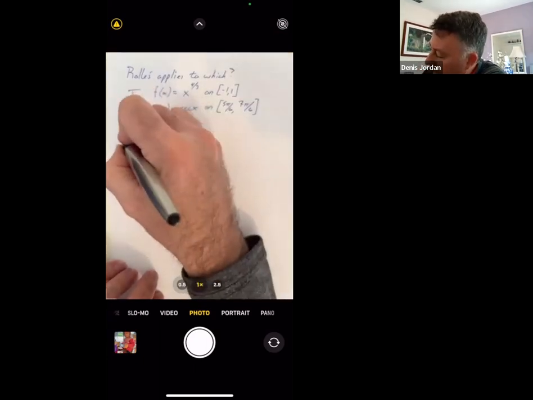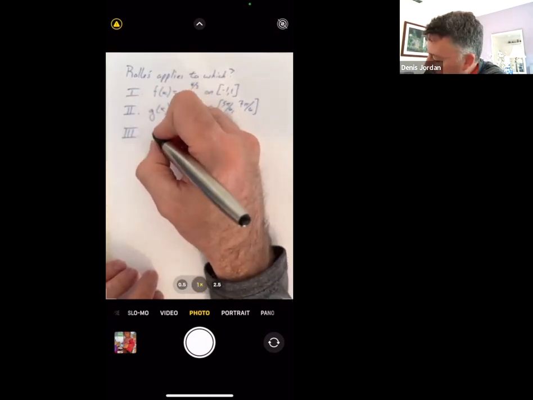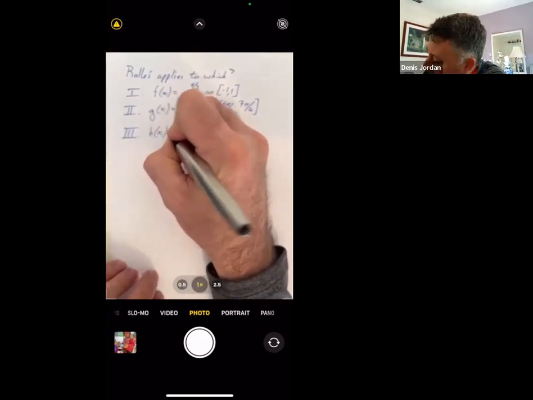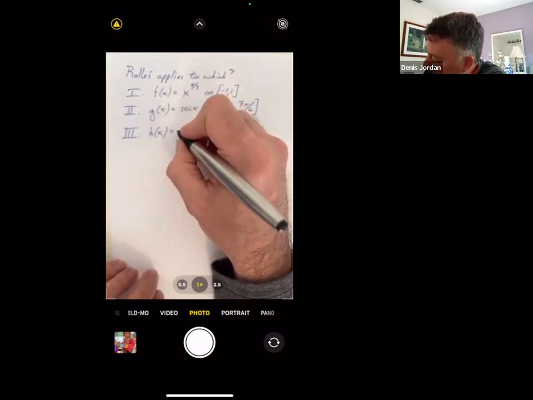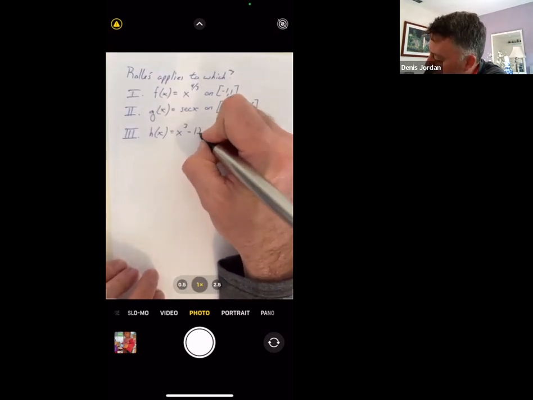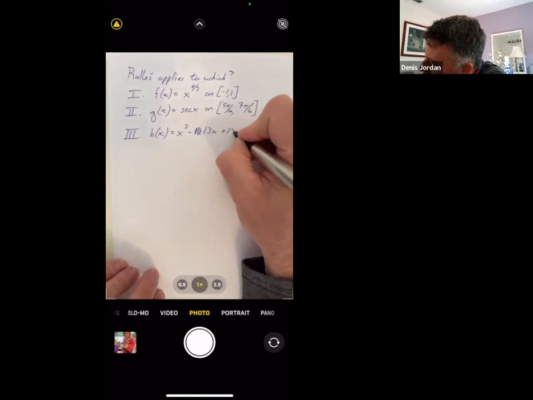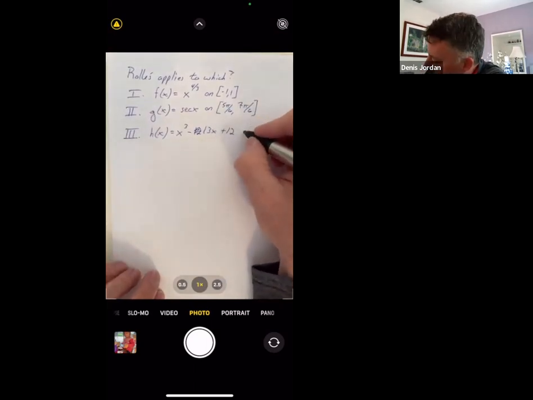And then the third is the polynomial h of x equals x to the 3rd minus 13x plus 12 on the interval -2 to 1.